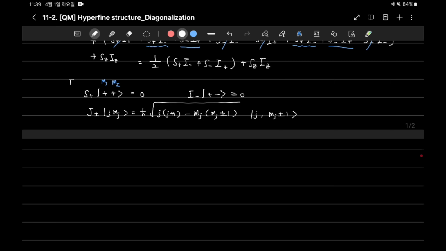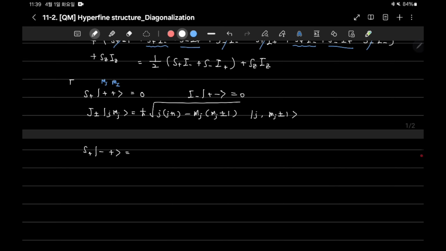So when you apply s plus to minus plus, it is not zero, because the spin is in the down state and it makes the spin up state.